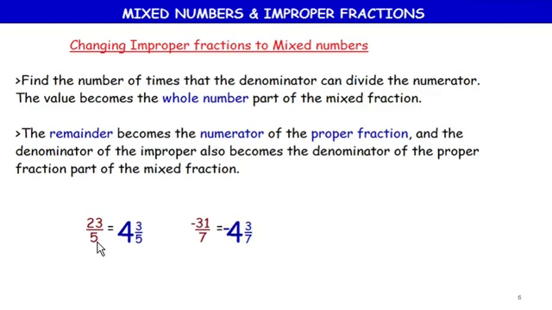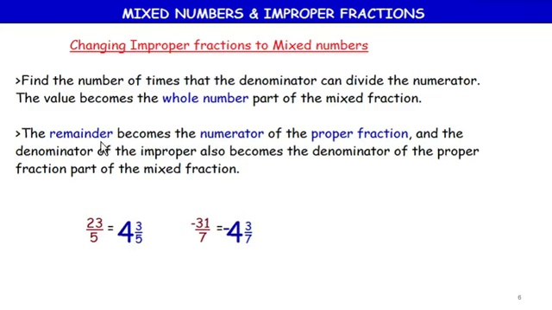So 5 goes into 23 4 times, so our whole number becomes 4, as you are seeing here. So the first thing you ask yourself is, how many times will the denominator go into the numerator? And the answer becomes the whole number part. Here 5 goes into 23 4 times.